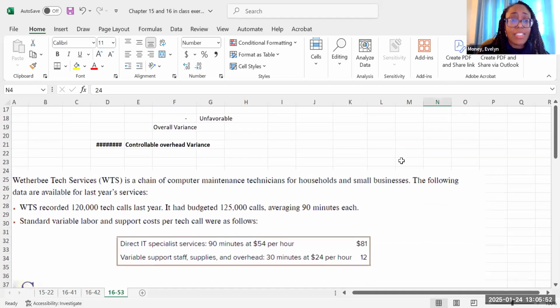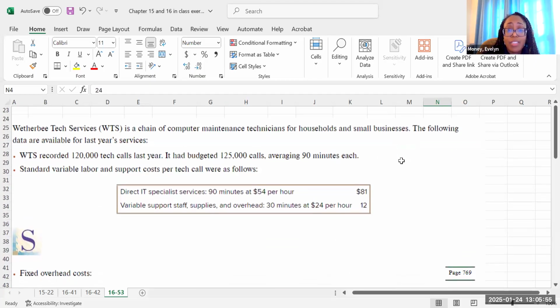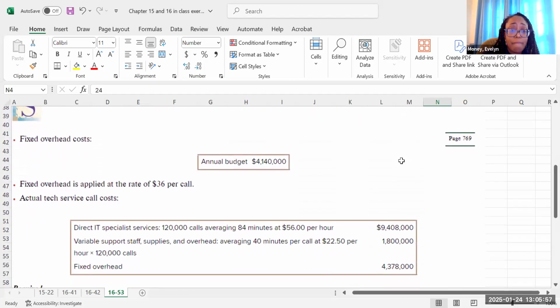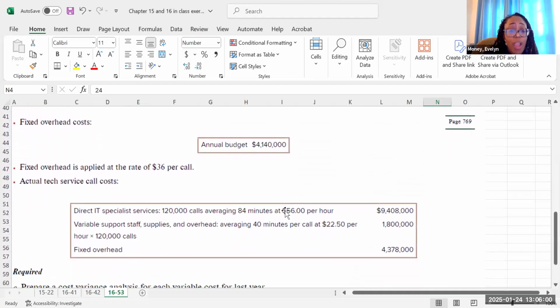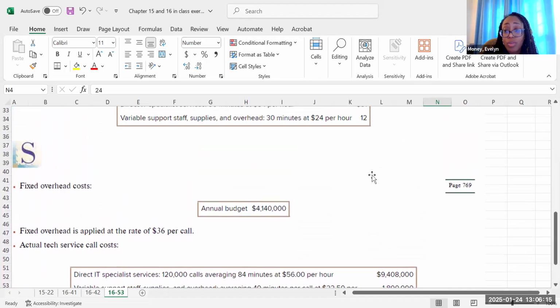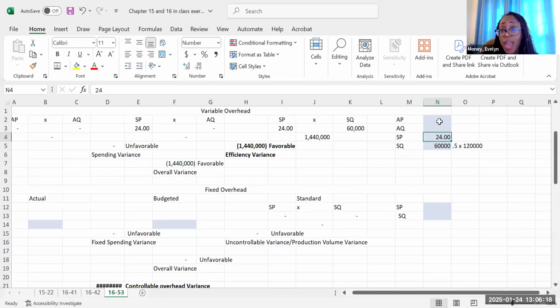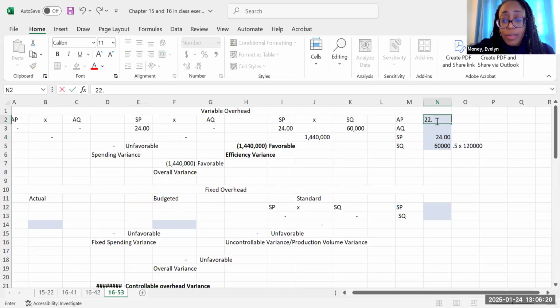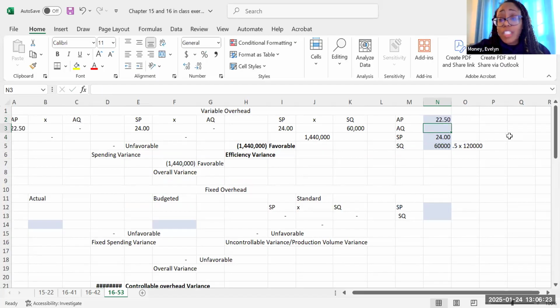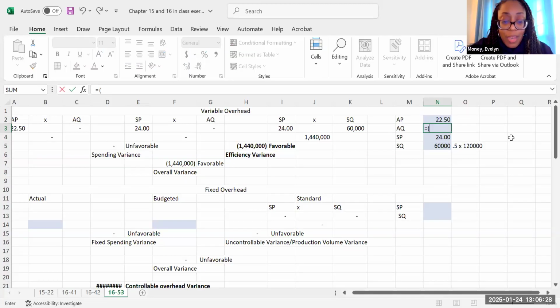Now, let's see how that 60,000 compares to everything else that is going on here. Because for actual, notice that the actual calls average 40 minutes per call at $22.50 per hour at 120,000 calls. So those are my actual amounts. So the actual price is $22.50. And the actual time was 40 minutes instead of 30 minutes.